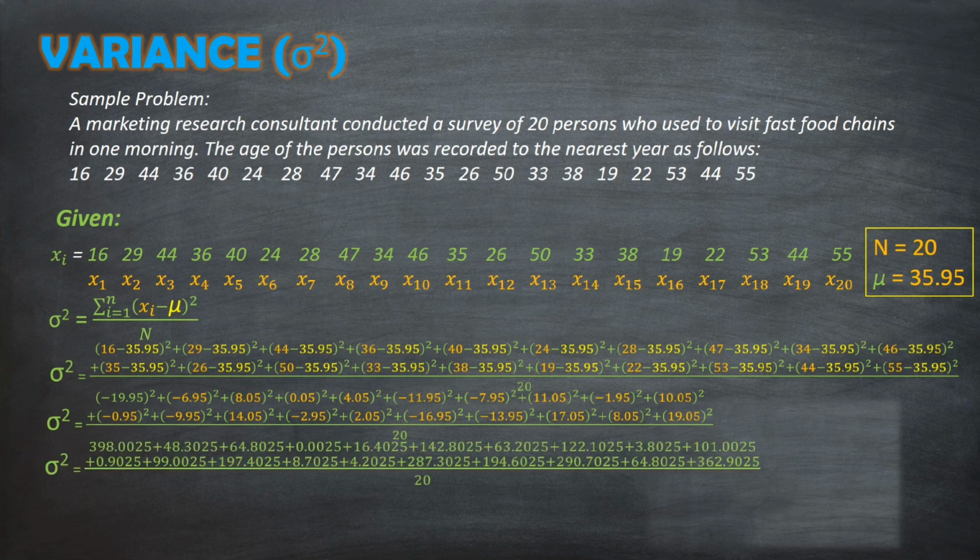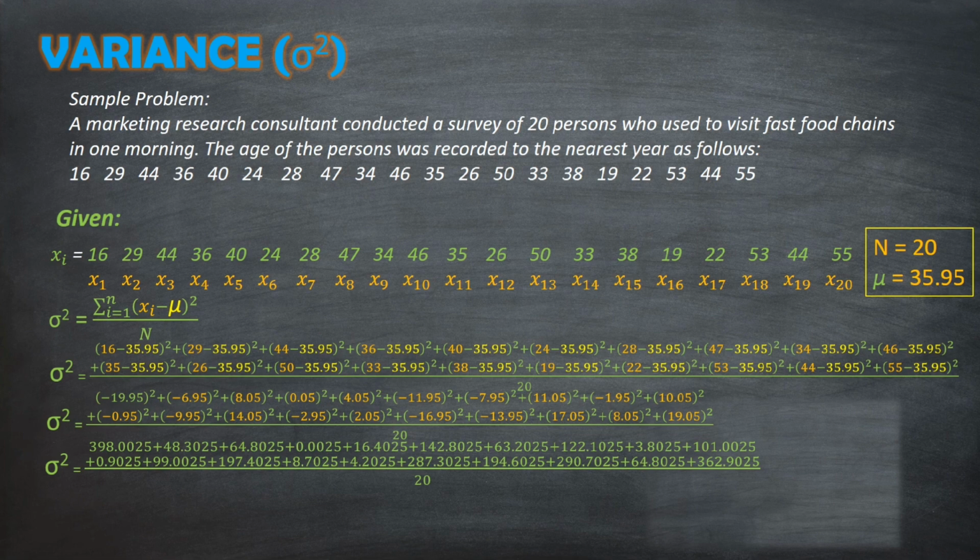After we're done getting the difference of each x sub i minus μ, we will be squaring each difference. Starting from negative 19.95 squared, always remember that when we square a negative number, the answer is always positive.